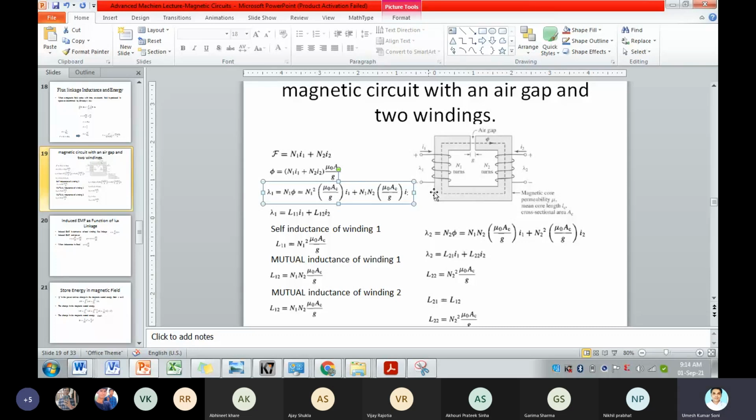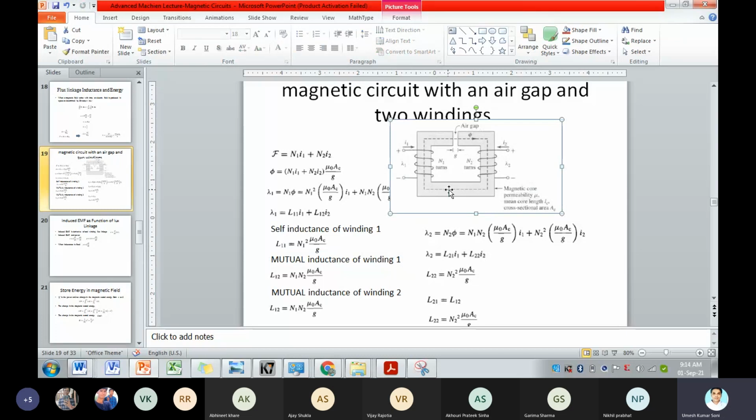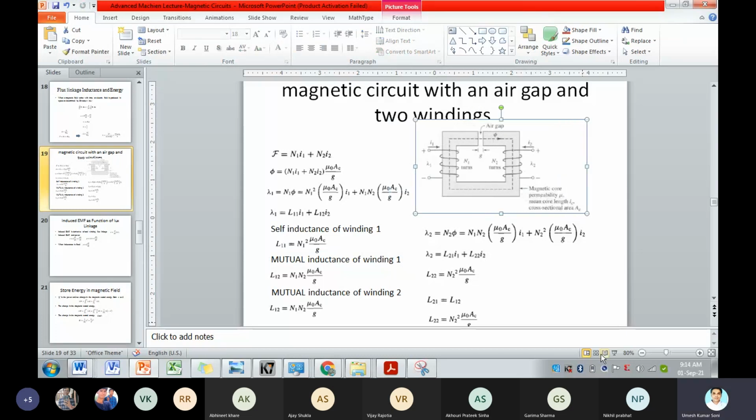Okay, so here you are only considering mu 0, only the air gap.